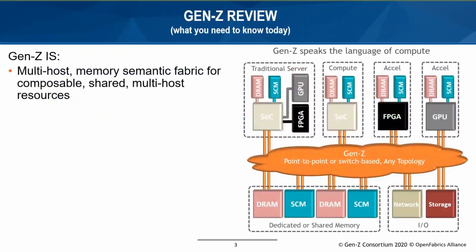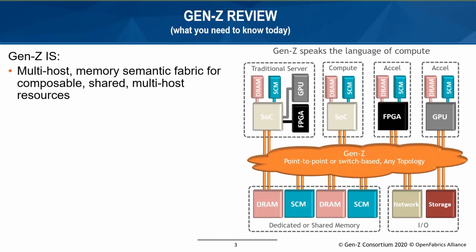So what is Gen Z? Obviously, we're not going to answer a whole lot about that today. But if you know nothing about Gen Z, here are the most important things to understand for today. First and foremost, it's a multi-host memory semantic fabric that was architected to be the major interconnect among composable shared multi-tenant resources. So it can tie hyper-converged platforms together.